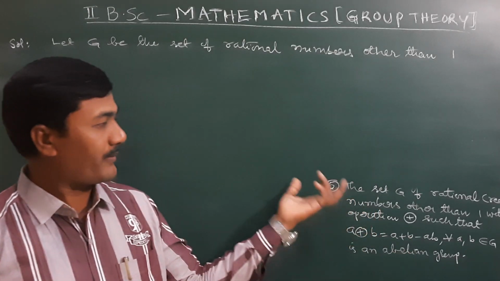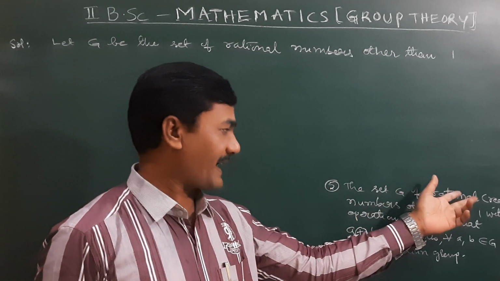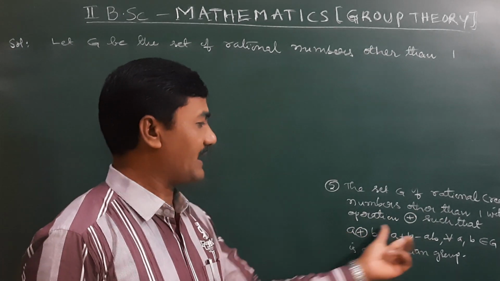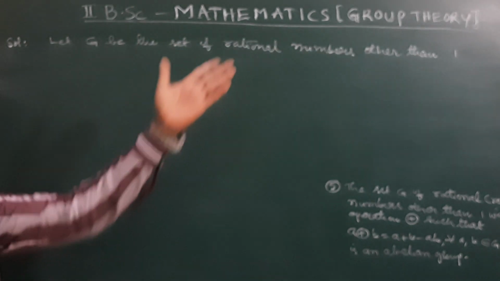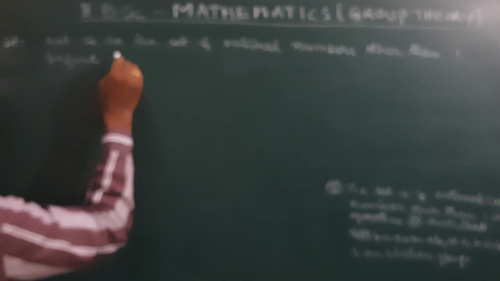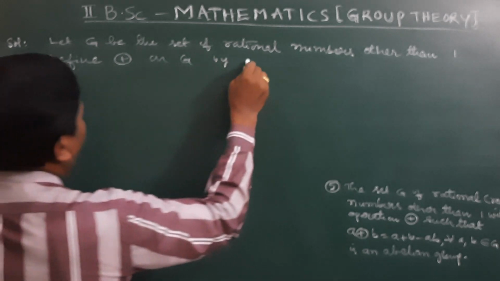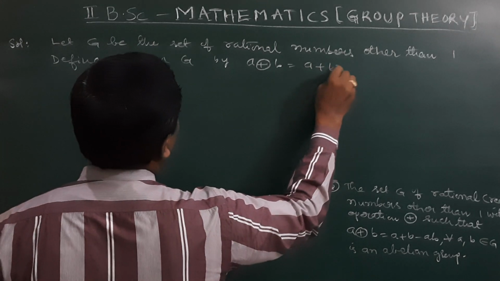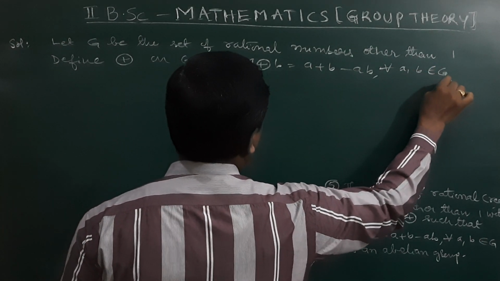So now we can prove a problem of group theory. The set G of rational numbers or real numbers other than 1, with the operation plus circle. How can we prove that? Let G be a set of rational numbers or real numbers other than 1, and define plus circle on G by A plus circle B is equal to A plus B minus AB for all A, B belonging to G only.